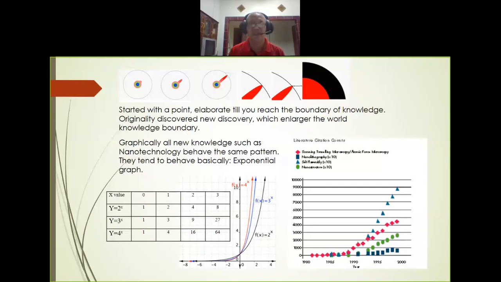Meaning that we start with the origin here, we can discover more and more in the future. You can do whatever research interests you. Graphically, all new knowledge such as nanotechnology behaves in the same pattern. The coronavirus also behaves in the same pattern. The pattern is the exponential graph.